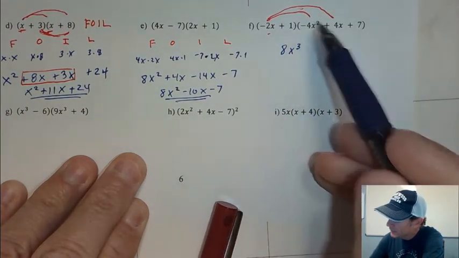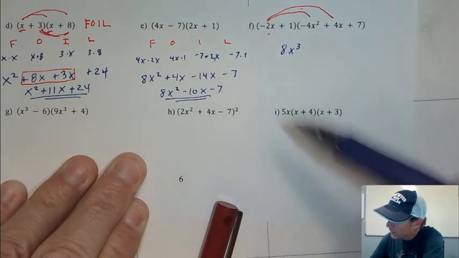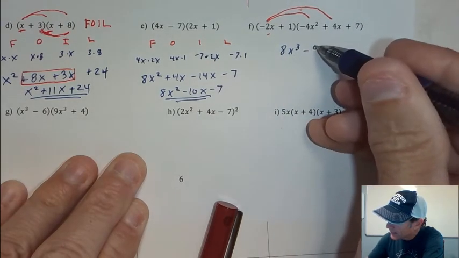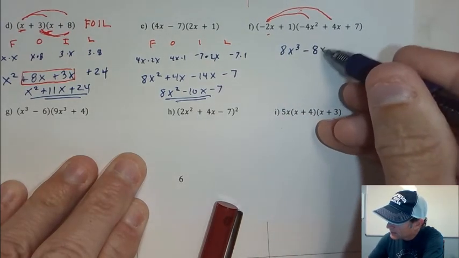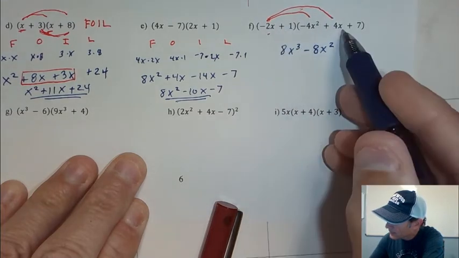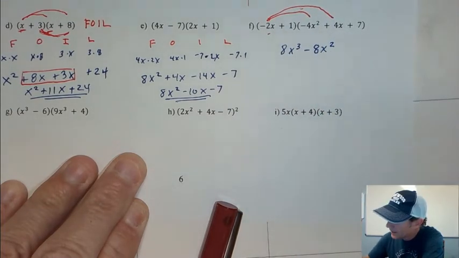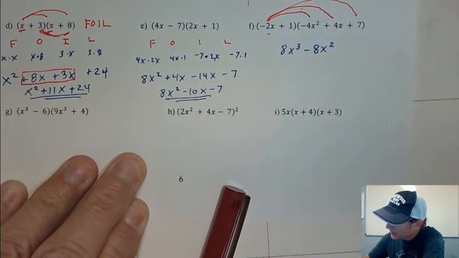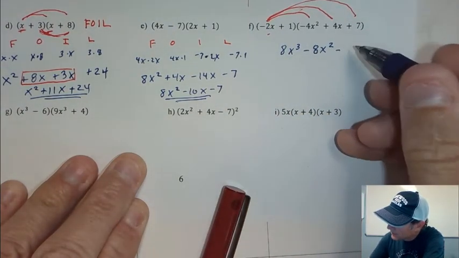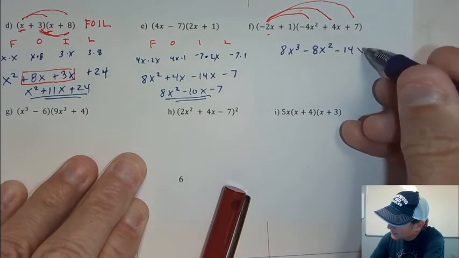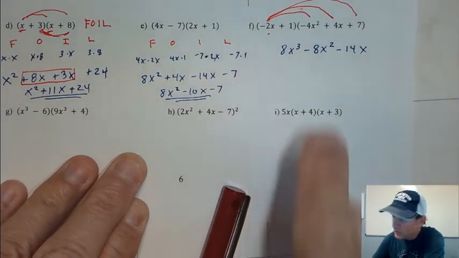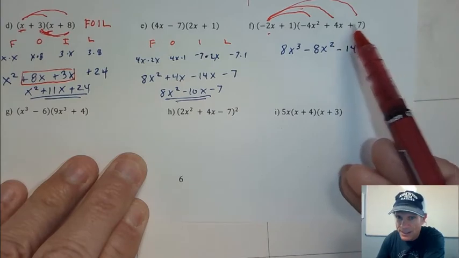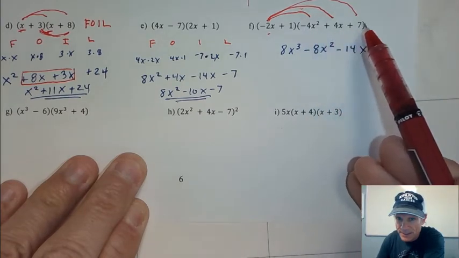So I get negative 2 times 4 is negative 8x squared, because x times x is x squared. And then this will hit back here, and I get minus 14x. Okay. That takes care of the first term hitting everything in this second trinomial here.